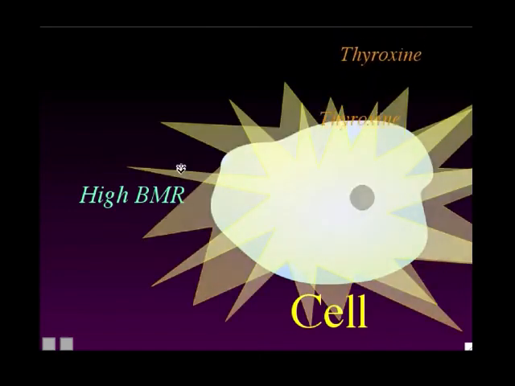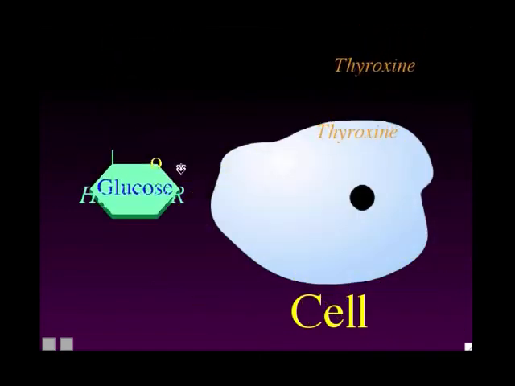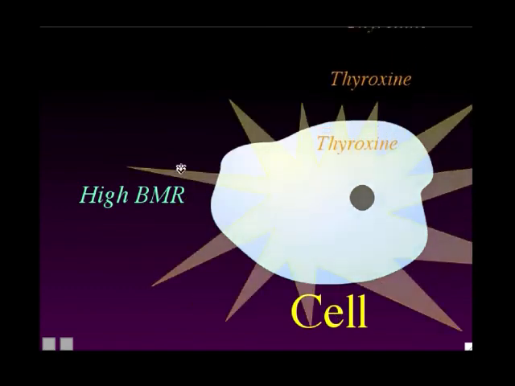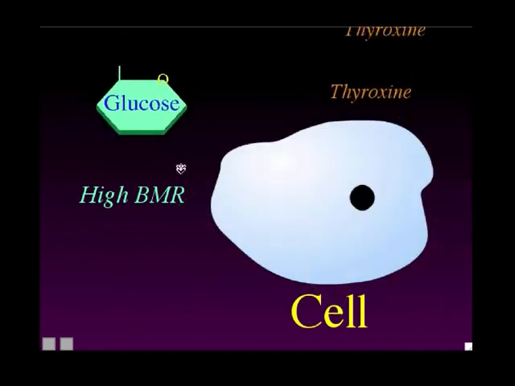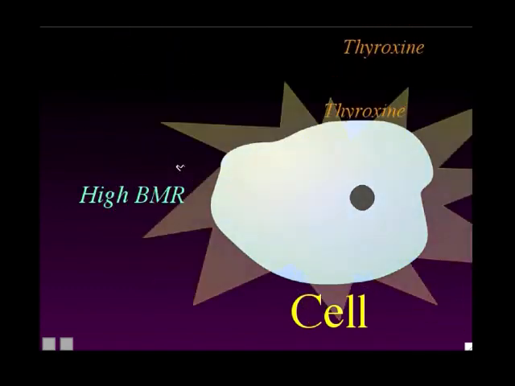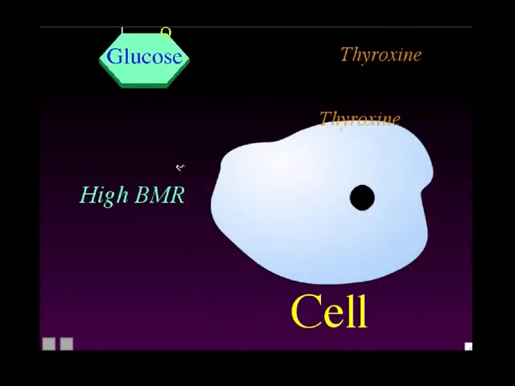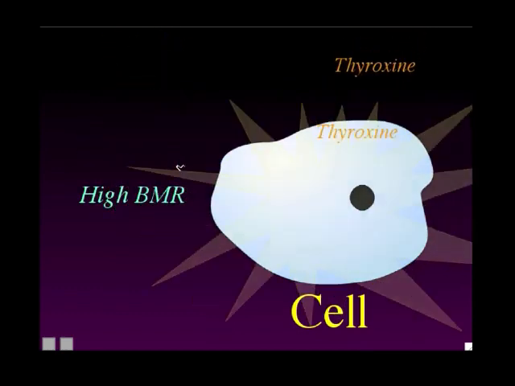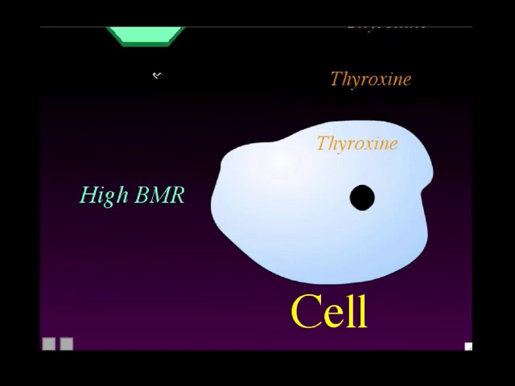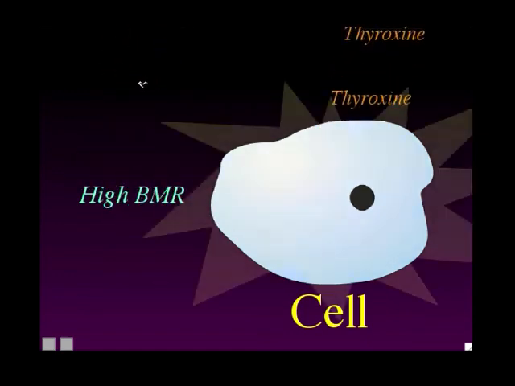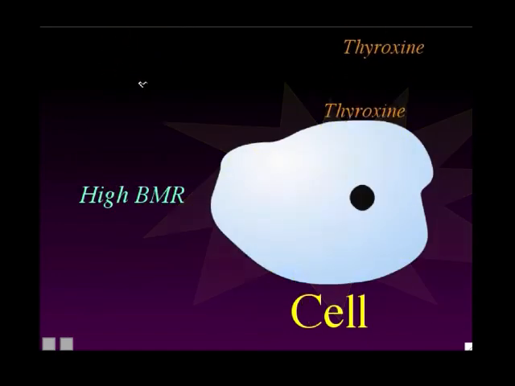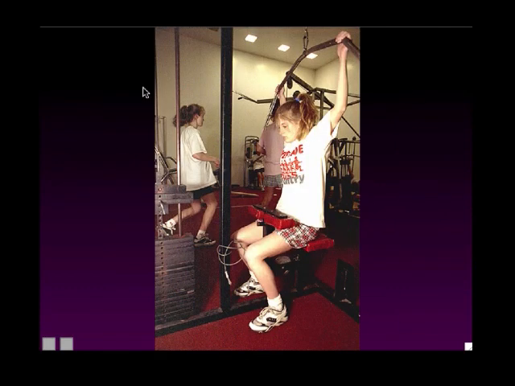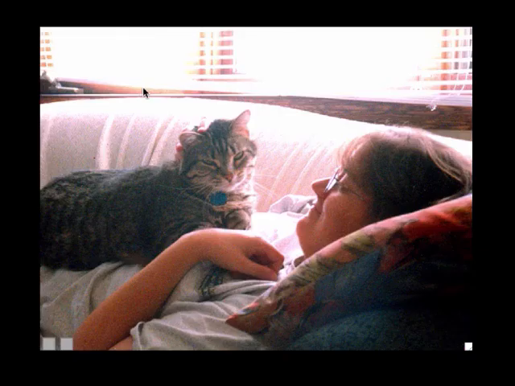If a person has high thyroid hormone levels for whatever reason, that person's going to have a high BMR. And so that person's going to tend to be naturally slender. They burn through their nutrient molecules like glucose before their body can store them as fat, so the person tends to be slender, like my friend Paul.